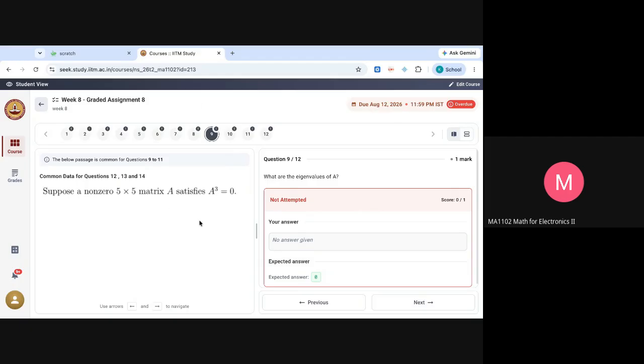I think this one is easy, the 9 one. Although I think the question is not asked correctly, because it's asking what are the eigenvalues of A, and there could be up to five of them.